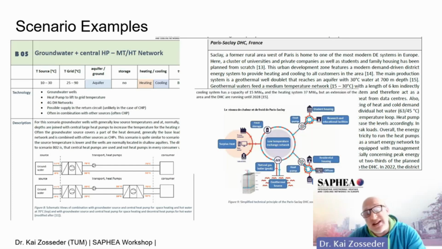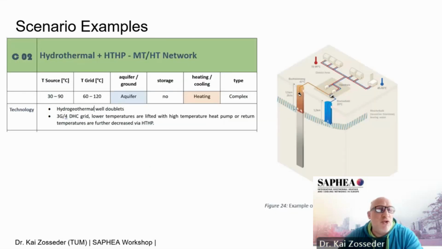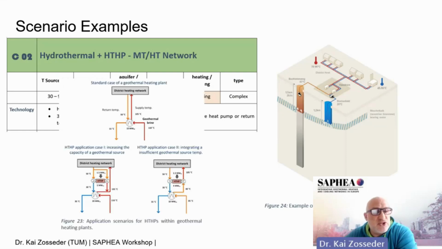You can say, okay, this was already done in Paris, for example, and then I see how they did it. Of course, here is another scenario example for hydrothermal direct use and a heat pump integrated with a middle temperature network. There is also an application scenario scheme, and you can find some examples here.